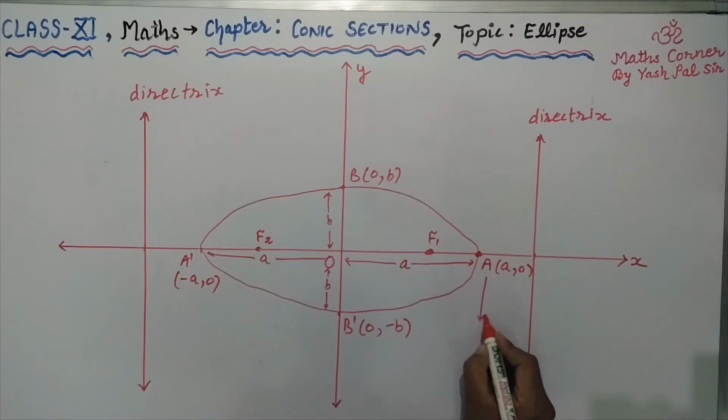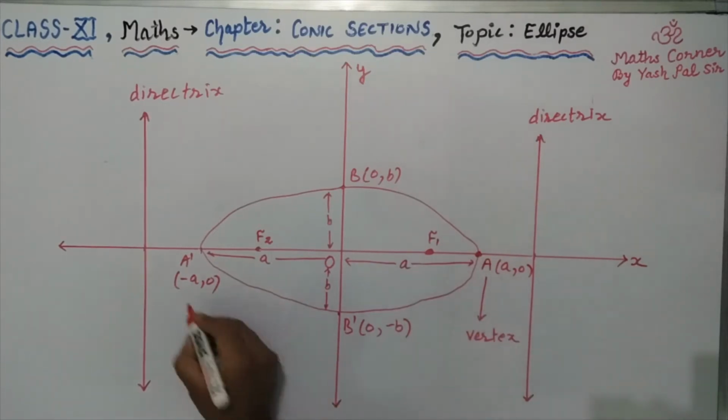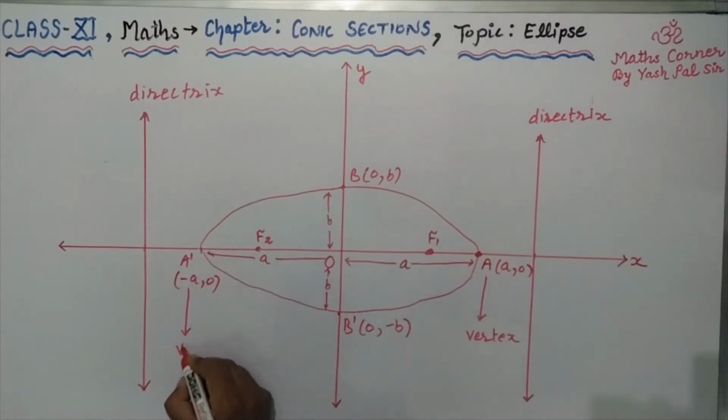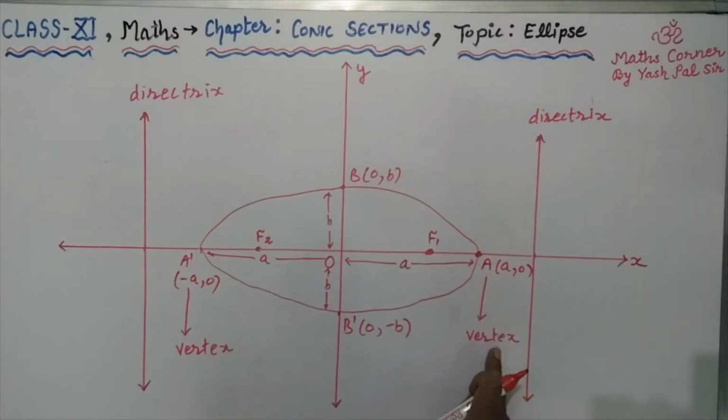This point is called vertex, and this is also called vertex. So when we discuss the ellipse we discuss vertices, because there are two vertices of the ellipse.